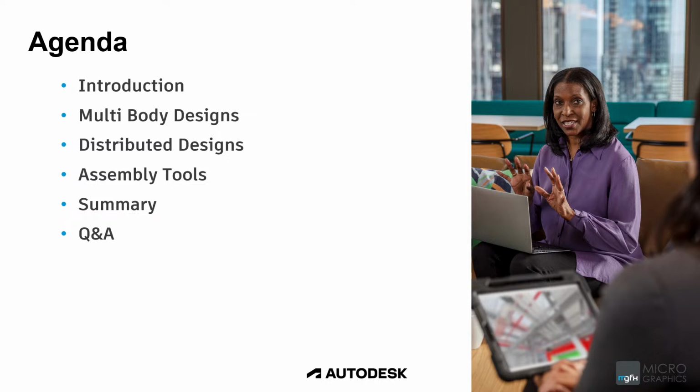When we've looked at that, we'll have a look at assembly tools and what tools are available within Fusion 360 to assist in the assembly process. Then we'll close off at the end with a summary and we'll open up to any questions from those in the live chat, and we'll answer any of the questions that come up in the live chat.